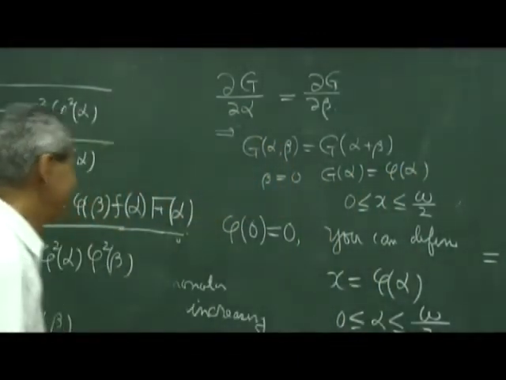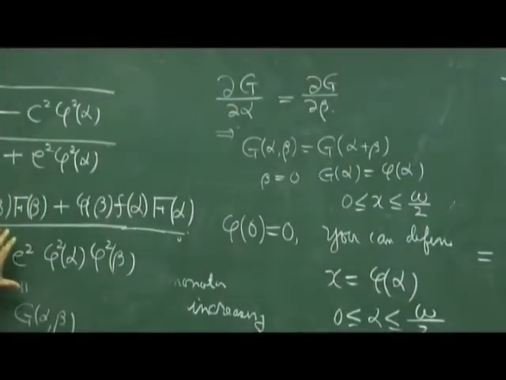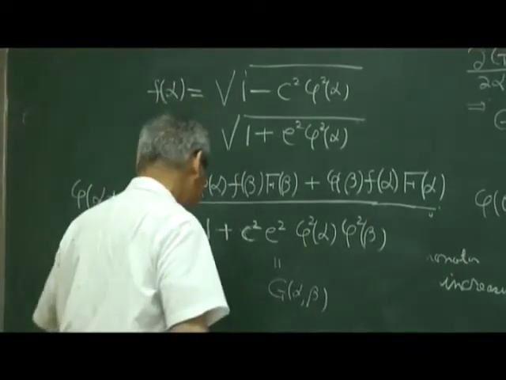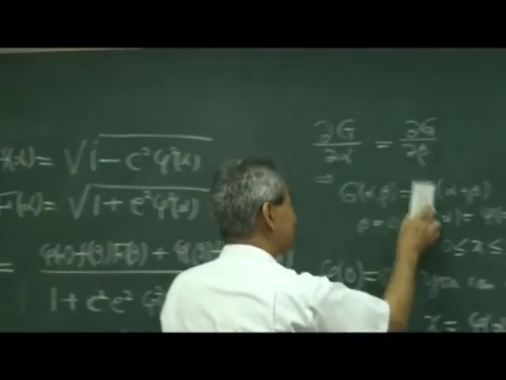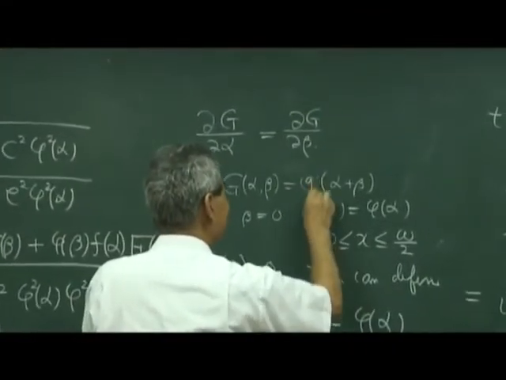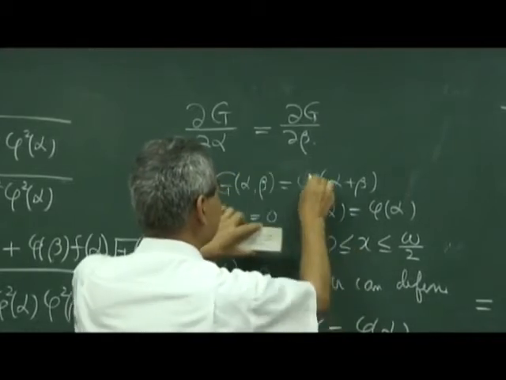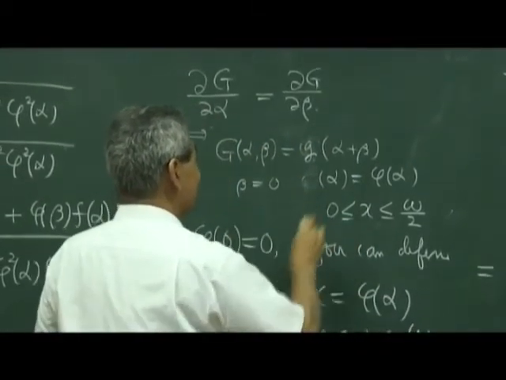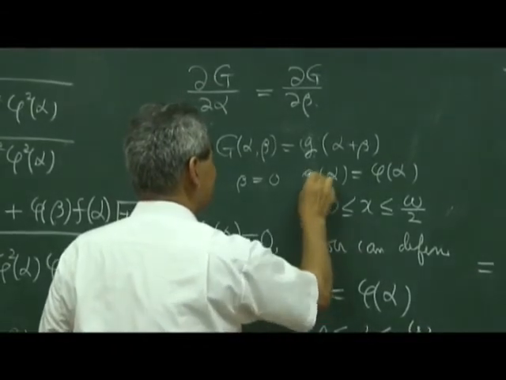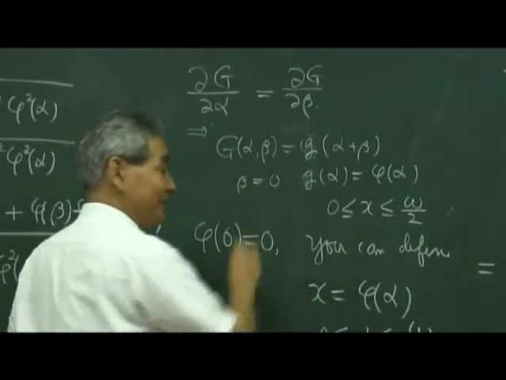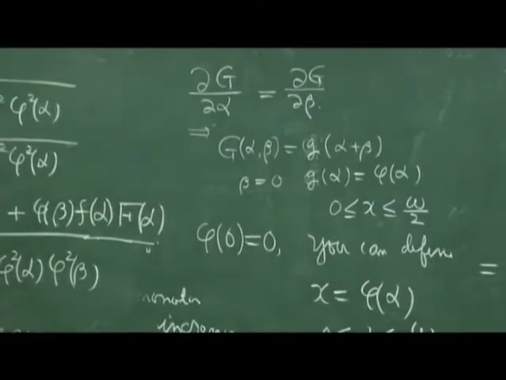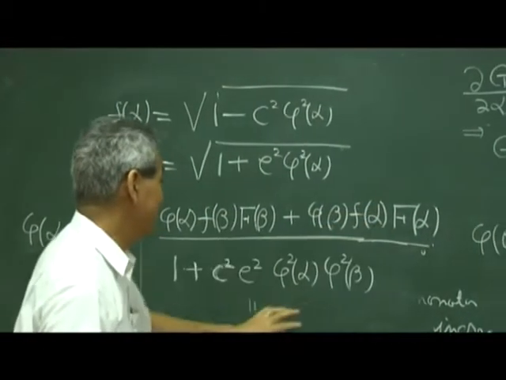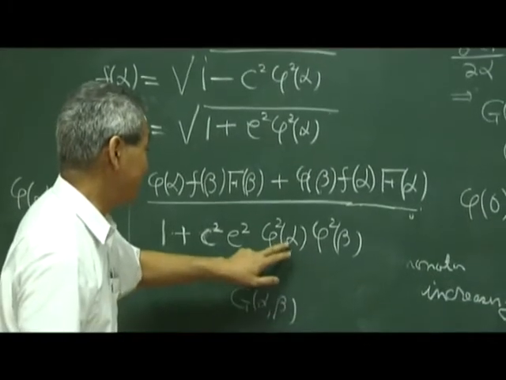So what is G alpha plus beta? Maybe better to say small g. Okay, yes. And then, just take beta equals 0. So if you make beta equals 0, you can show that this part is 1, and this becomes phi alpha is 0.